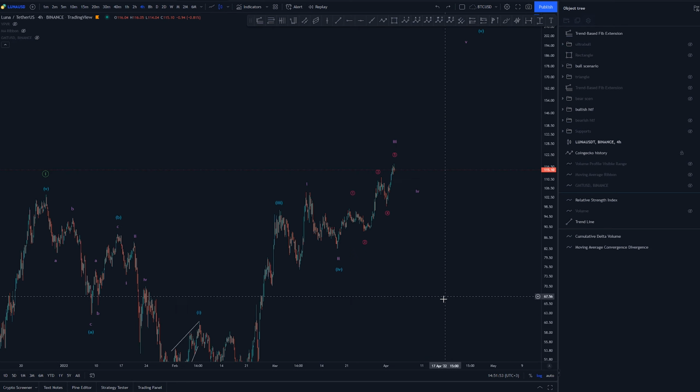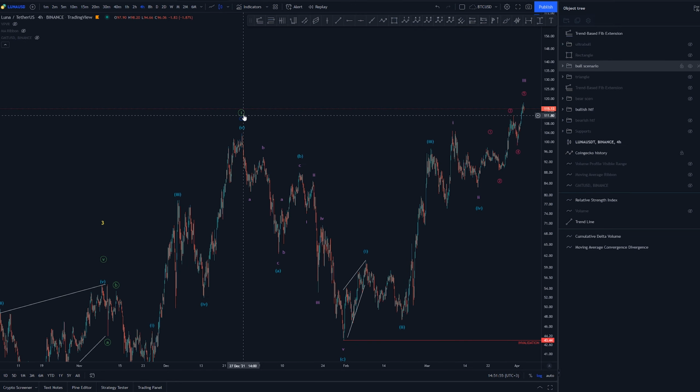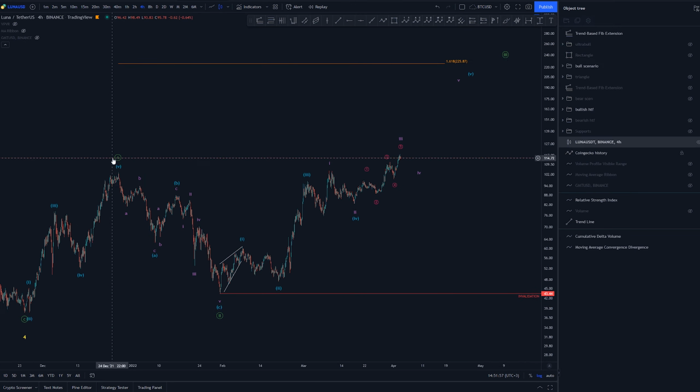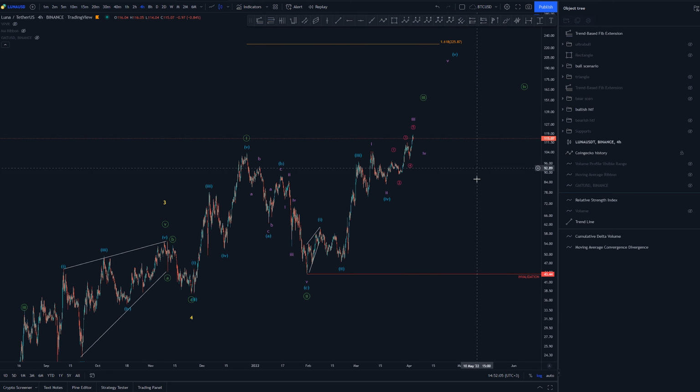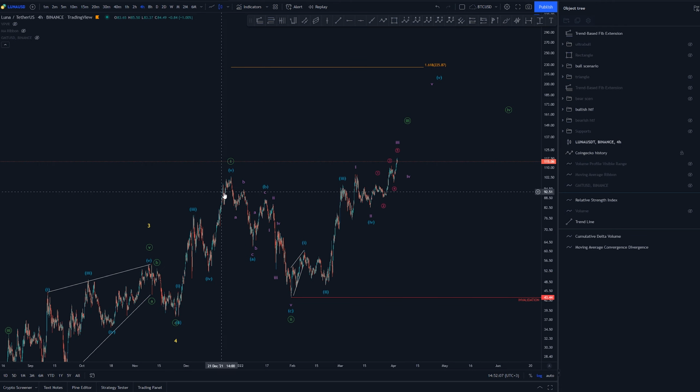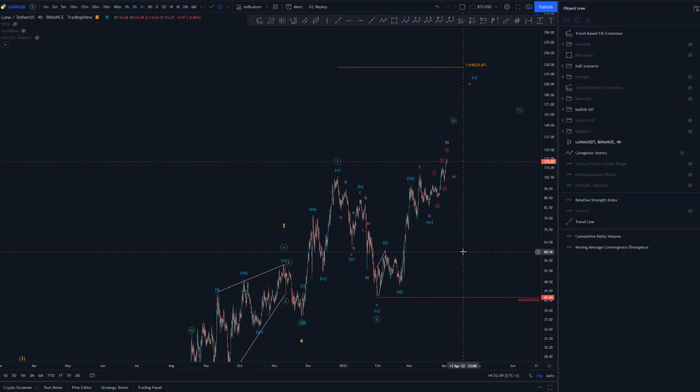However, if we are placing the first of minute back here and saying that we're ending third of minute already here, it wouldn't really show too good of an impulse wave structure.